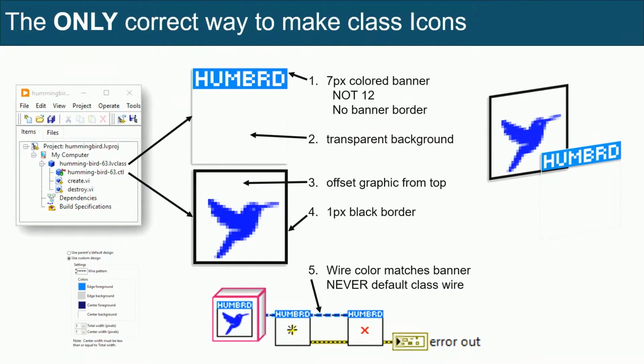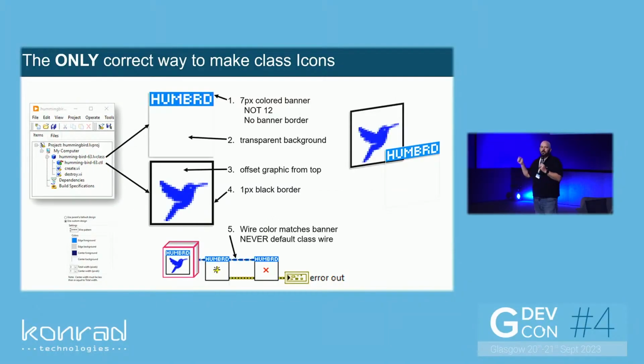It hurts my soul every time I see one of those generic boxes and all of your classes look the same. So yeah, 7 pixels, transparent background on the class icon, a good private data icon, and then of course the wire should always match the banner color, and you should never, ever use the default class icon for a customized class.